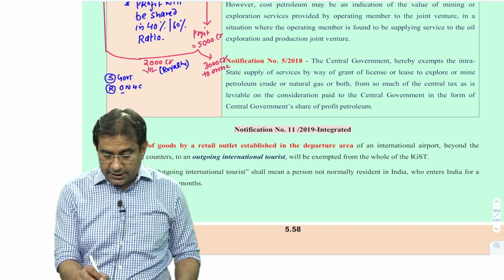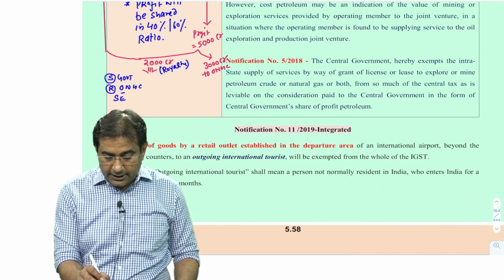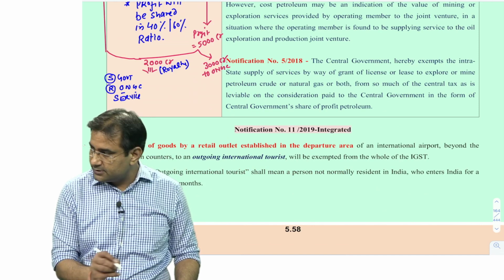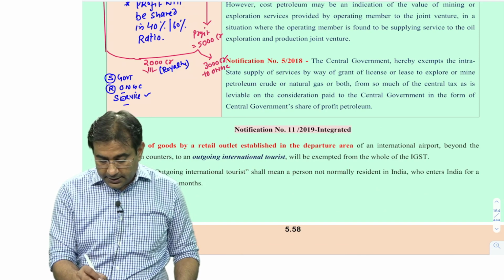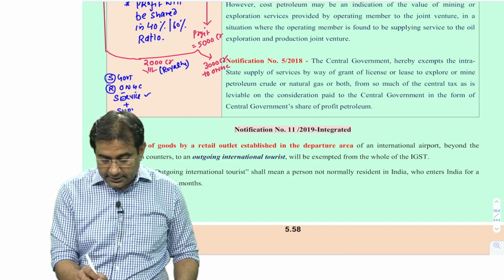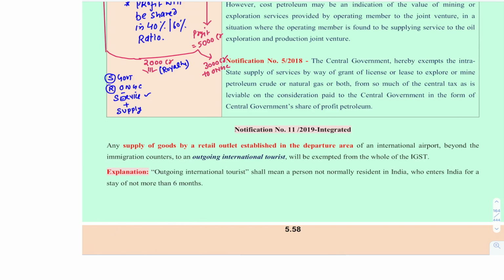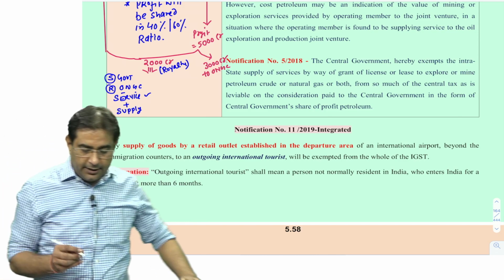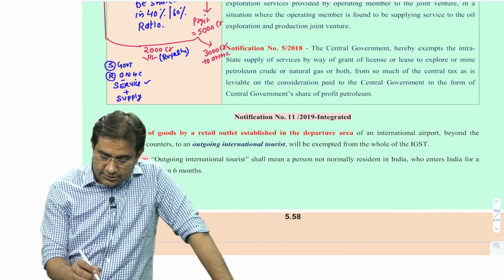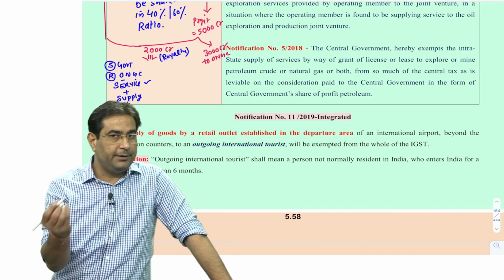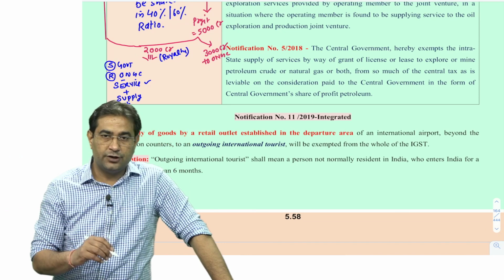In such a case, it is a supply of service. It's a service. Yes, sir. Is it a supply? Yes, sir. It's a supply, no issue. And finally, is it intrastate or interstate? That may be decided depending upon the origin and destination of the supply.